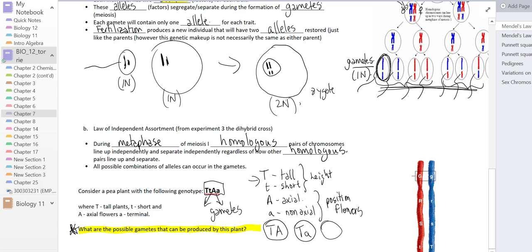And if we look at lowercase t with a capital A, or lowercase t with a lowercase a. So that individual can produce 4 gametes. That's it for this one. And next up is looking at how we then put these gamete formations into understanding the potential outcomes of offspring.